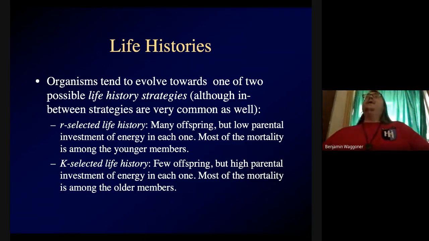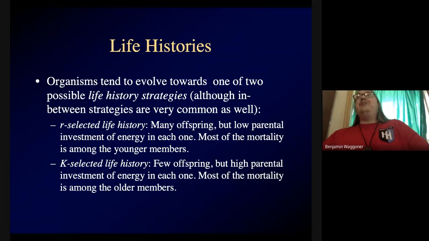The other end of the continuum is a K-selected life history, and it's called K because it stands for carrying capacity. K-selected organisms tend to have very few offspring, but a great deal of investment of energy in each one.